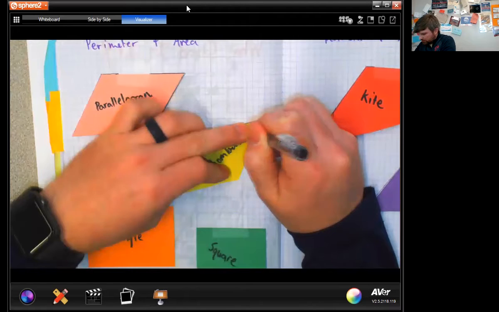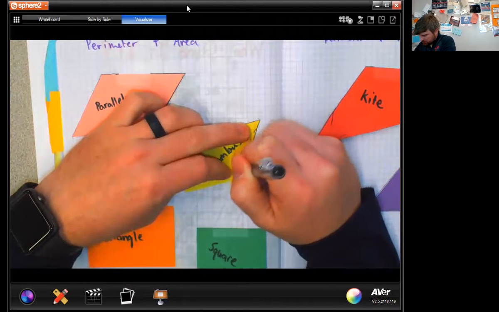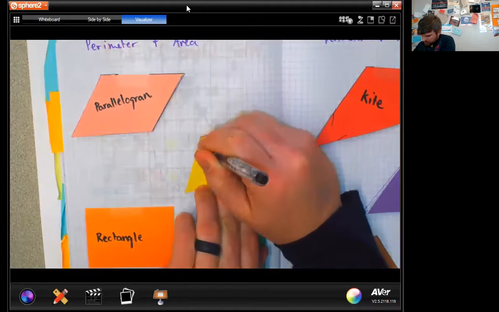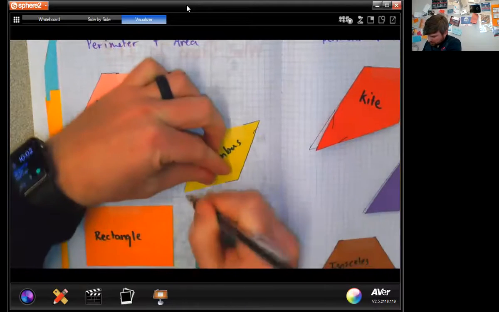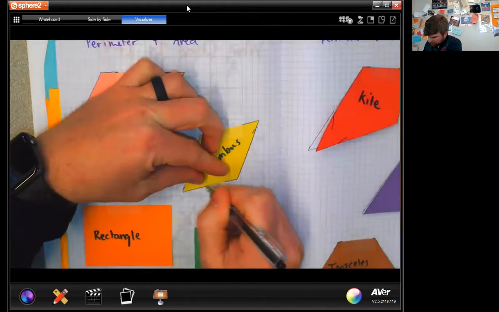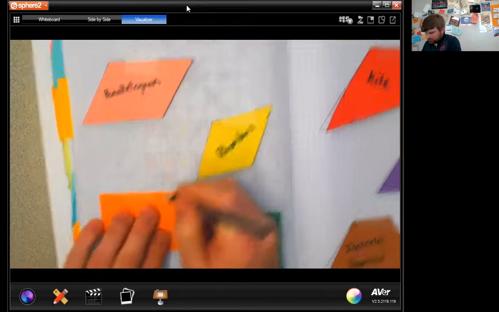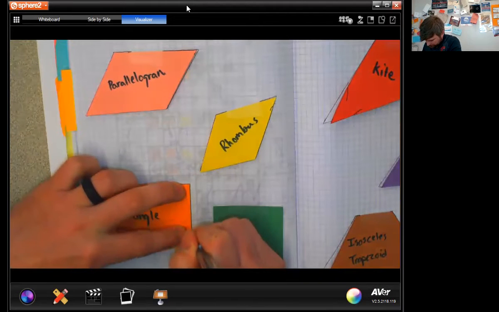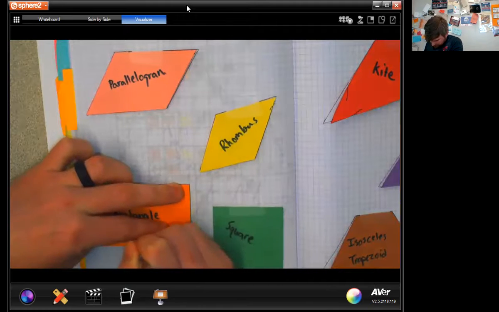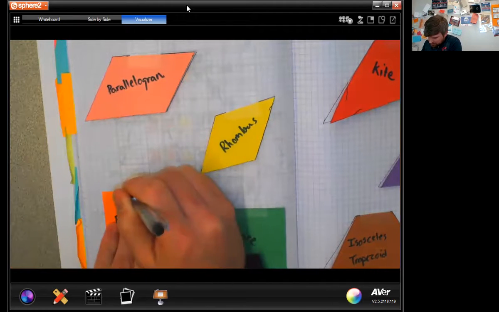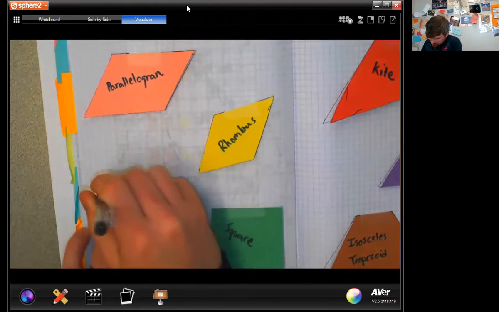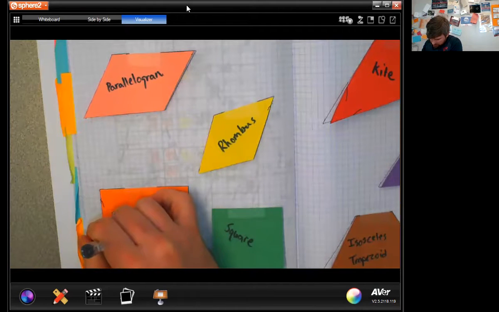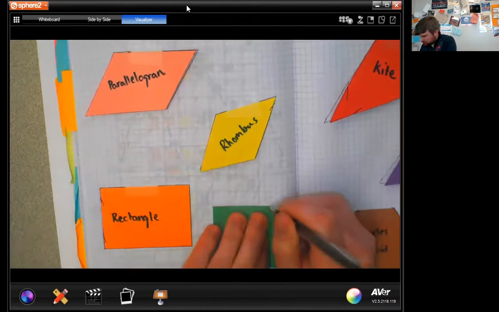Eventually we're going to look at these shapes on a graph and try to find area and perimeter from the graph. That'll be one of the last things we do in this unit. If you haven't already watched the previous lessons, you need to go back and get those watched.